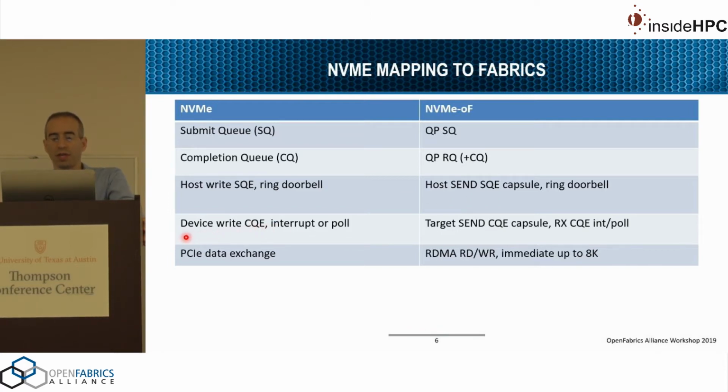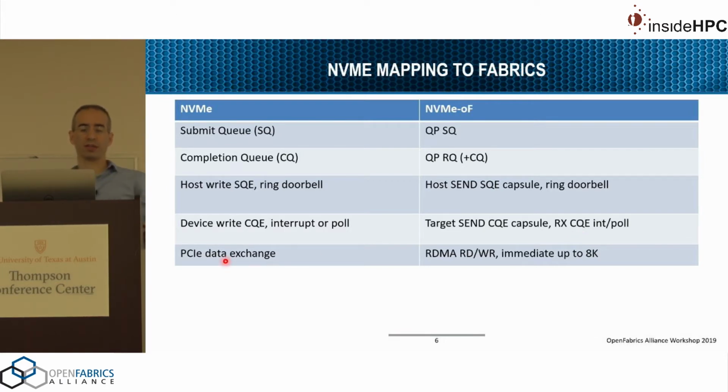In terms of the device completing the submission queue entry and writing the completion queue entry and then sending an interrupt or allowing polling, in the NVMe Over Fabrics case, the NVMe Over Fabrics target sends a completion queue entry capsule to the initiator, generating a completion queue entry at the initiator on the receive queue, and also an interrupt or a poll.